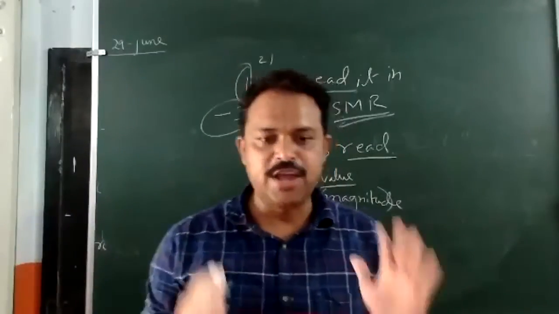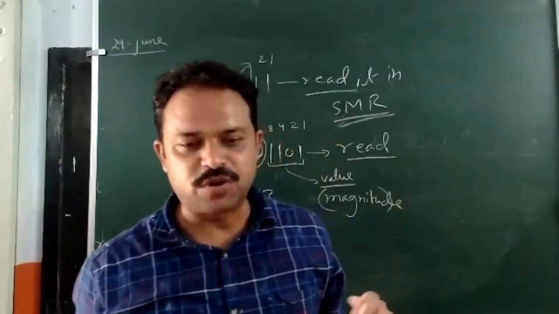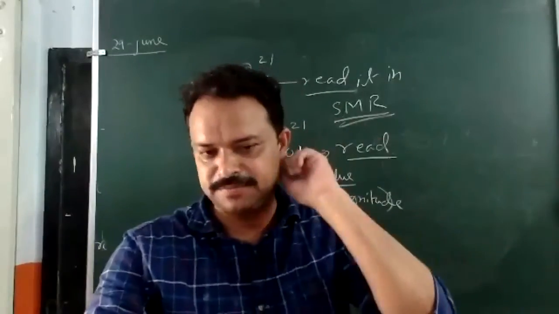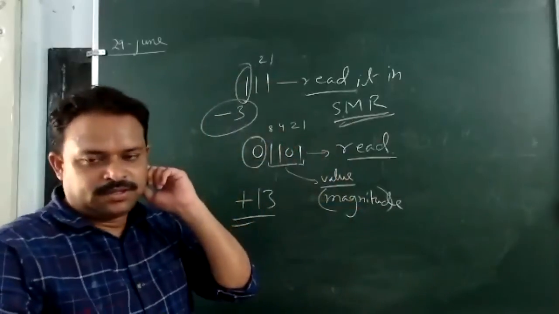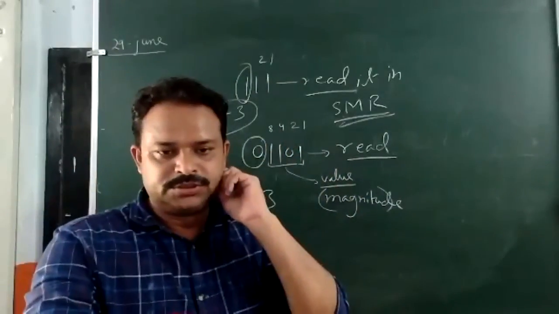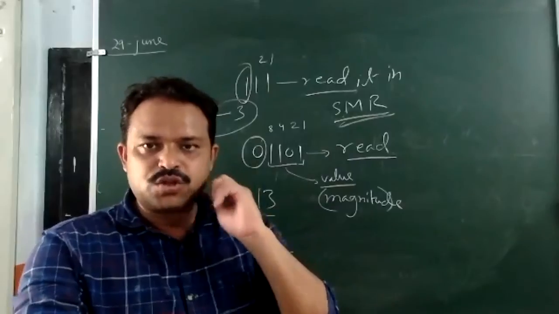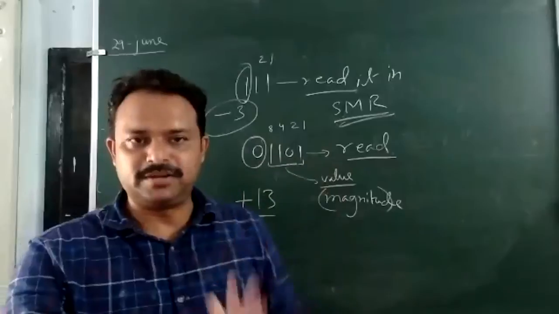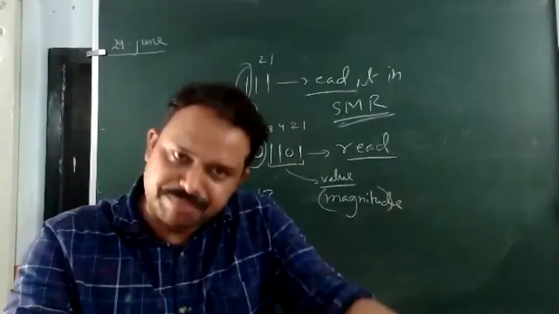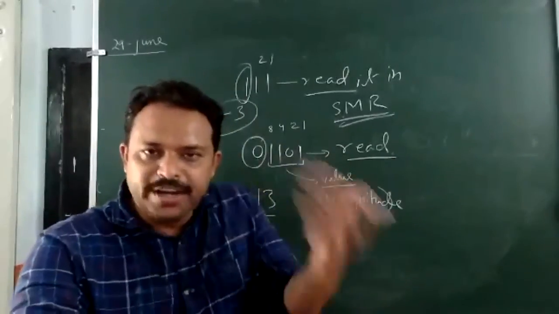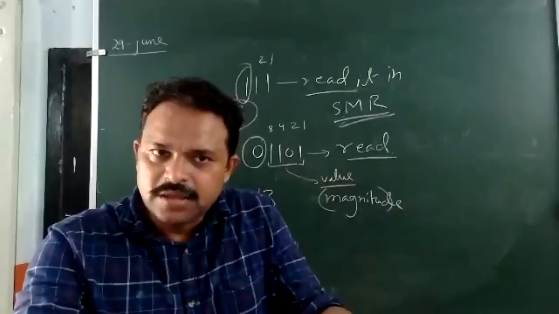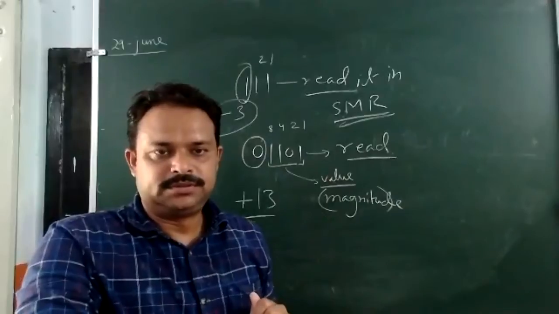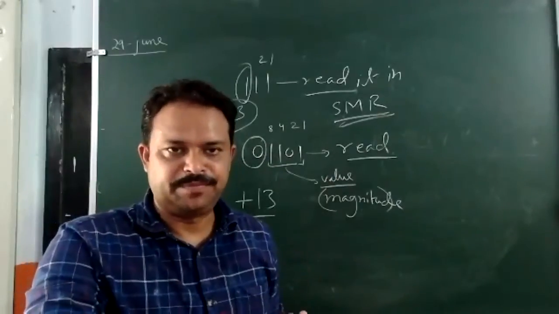Arpit Jaiswal is also telling me minus 3. Yes, it is the correct answer. So we have learned two things in sign magnitude representation: how to write and how to read.